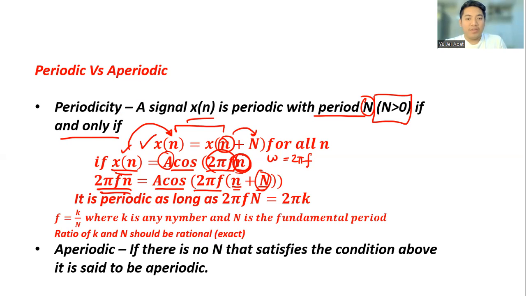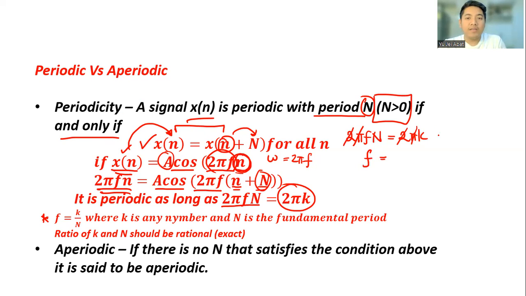It is periodic as long as 2 pi f N, together with the period, equals 2 pi k. Later on we will understand how to solve those equations. If we equate 2 pi f N equals 2 pi k, where k is any number and uppercase N is the period itself, the 2 pi's cancel.